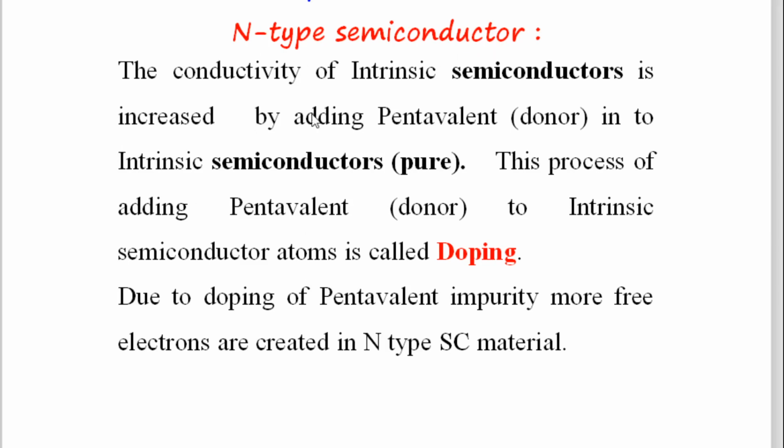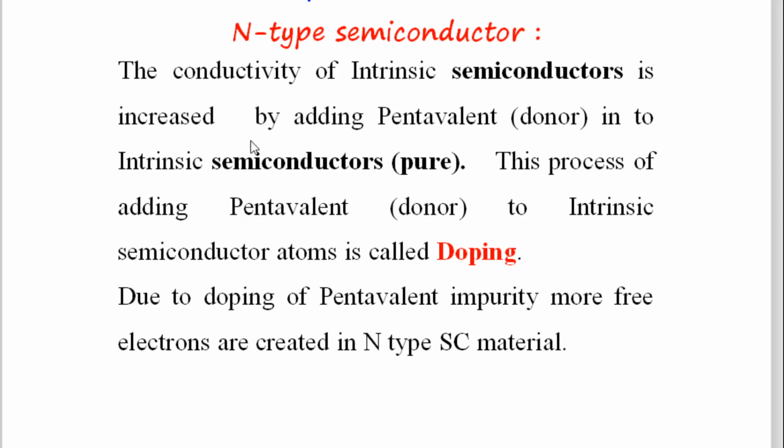N-type semiconductor. The conductivity of intrinsic, that is pure semiconductor, is increased by adding pentavalent impurity, which is called donor, into the intrinsic semiconductor. So extrinsic semiconductors are fabricated by using intrinsic semiconductor only.